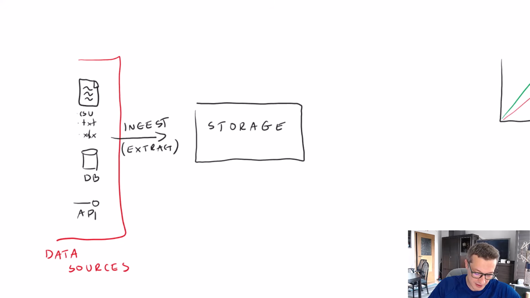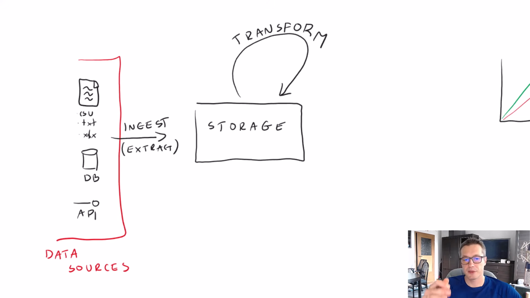So that's yet another stage that usually we have to do. So we've got to transform our data. Transform, right? And transformed data has to be saved again somewhere. It might be the same storage layer that we used previously, or it might be something completely different. It depends.